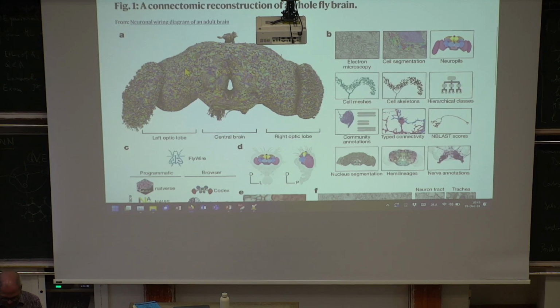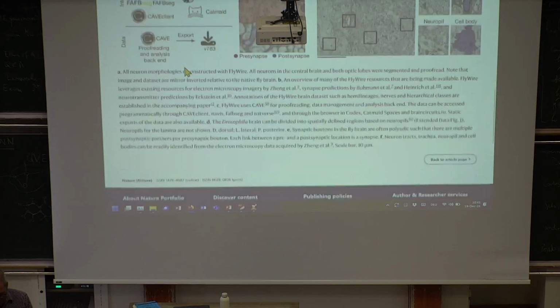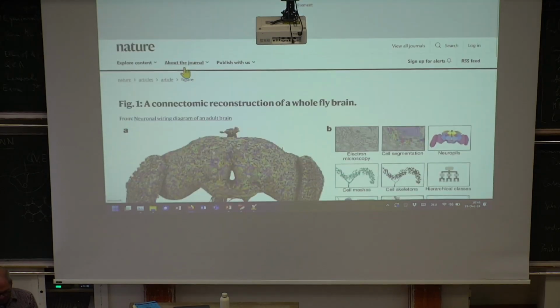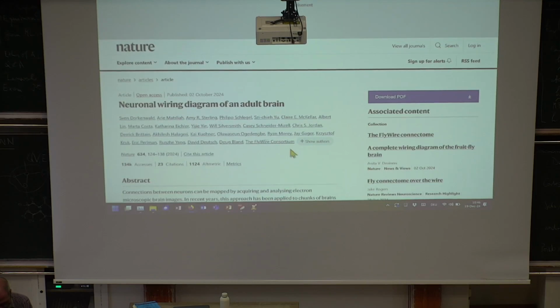You can segment this, and this was accomplished by a mixture of a massive human effort. So you saw that amongst this list of authors was the so-called FlyWire Consortium, and they tried to gamify this and make this a citizen science experience. So there was this interface, and you could, or you still can, fly through these 3D stacks and say, yeah, now this process goes here and goes there.